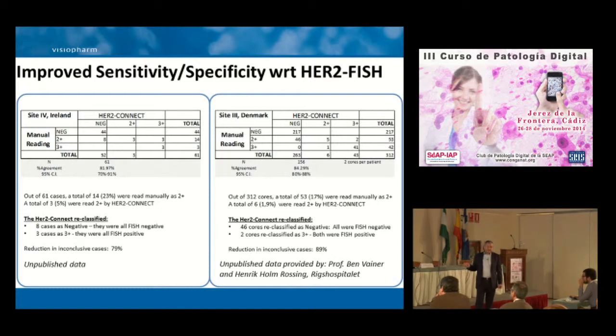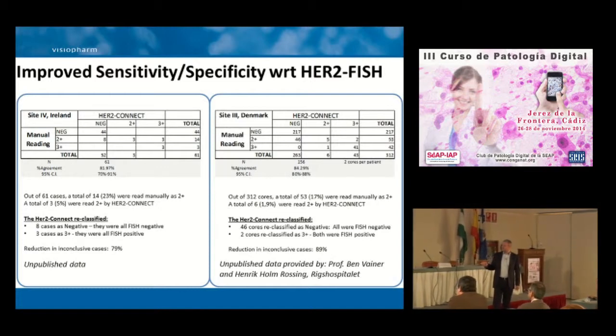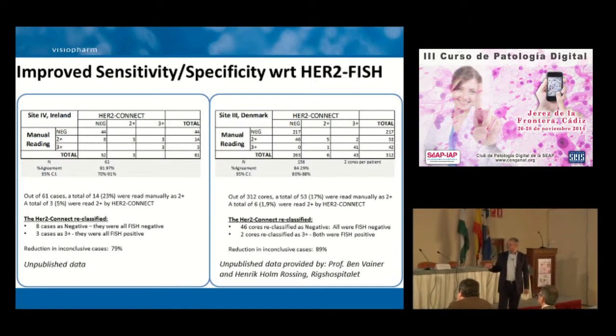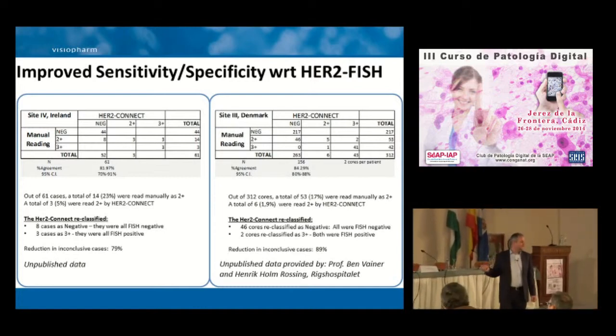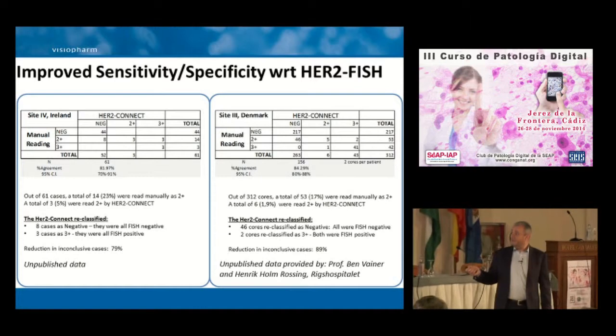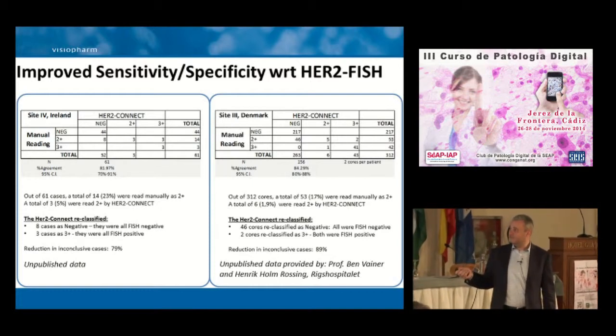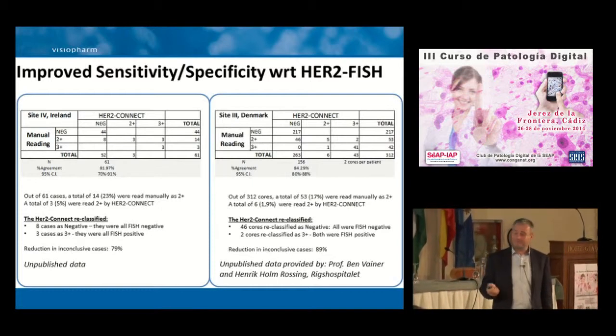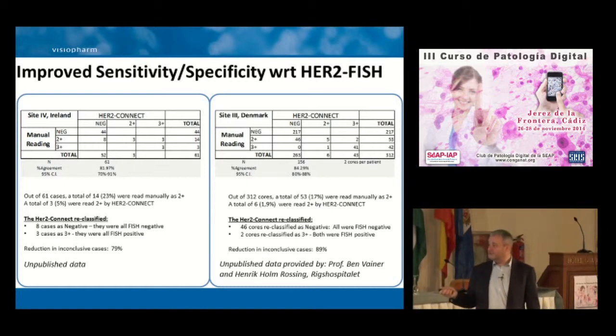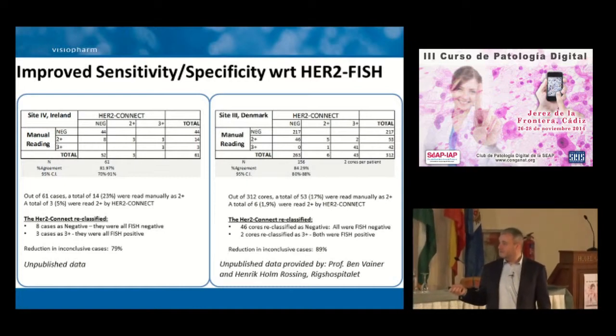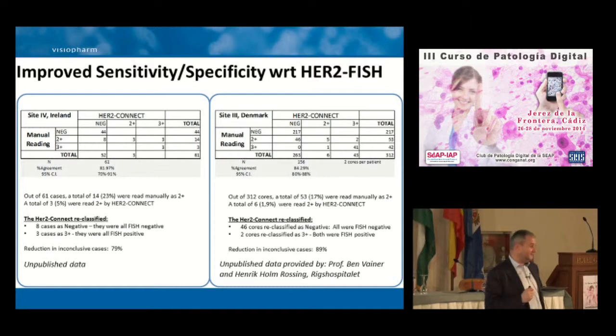Now, when we subjected this to image analysis using the HER2 Connect, only 6 were inconclusive. And when we look at these individual cases, it means that we reclassified 46 out of 53 as being negative. And when we checked the gene amplification, they were all FISH negative.